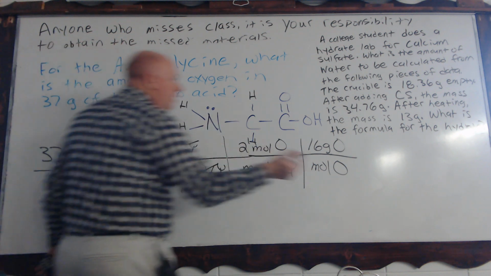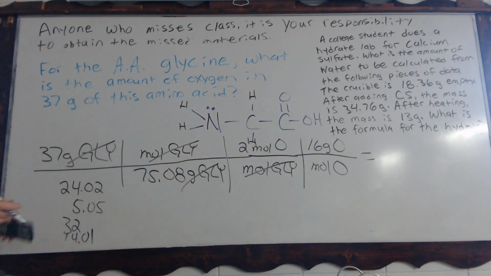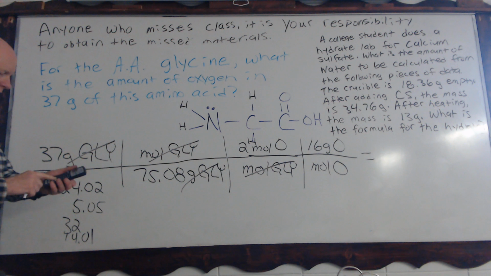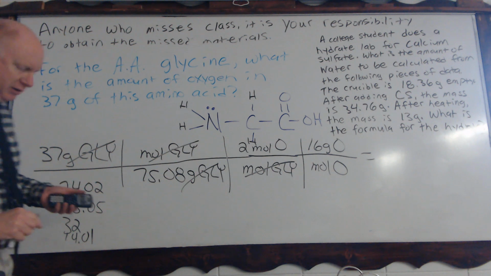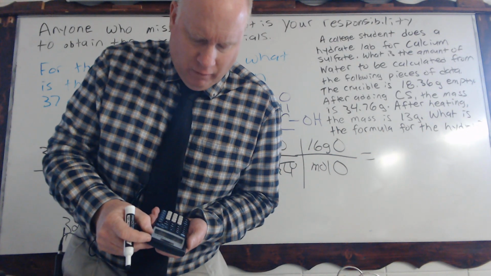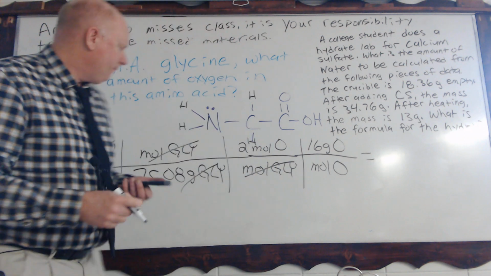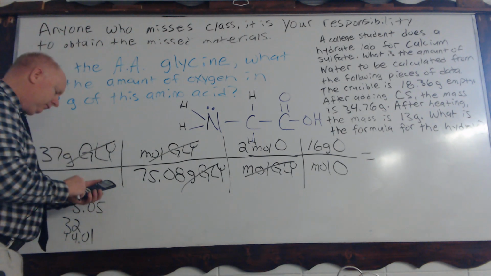Okay? So once you get this done, you multiply across 32 times 37, and we get what? 118.4. No, that doesn't seem right. I think it's like a 1,182. Yeah, 1,184. Okay, divided by this here.